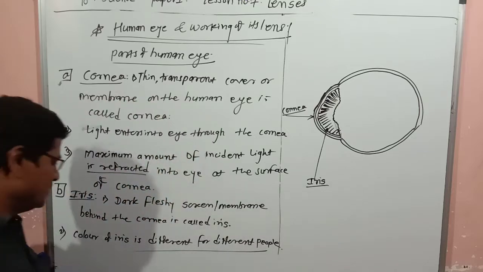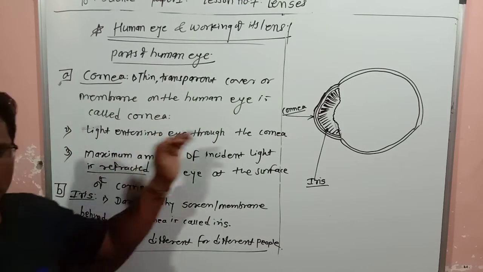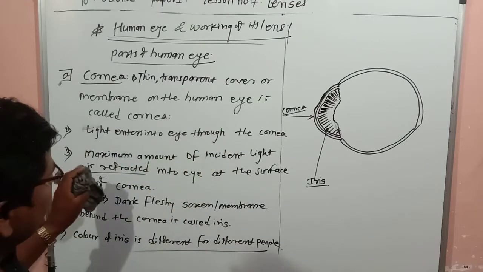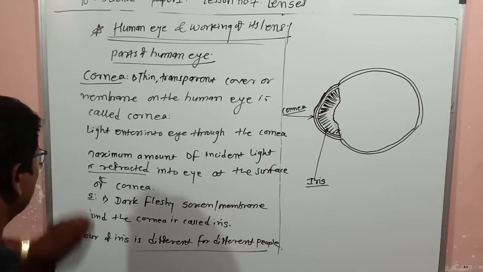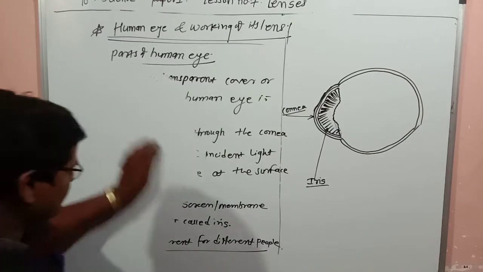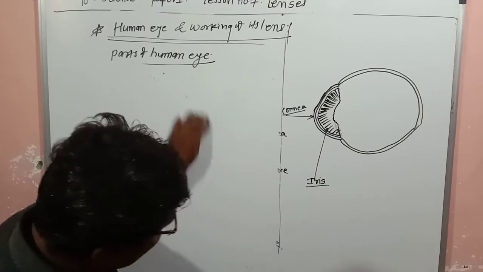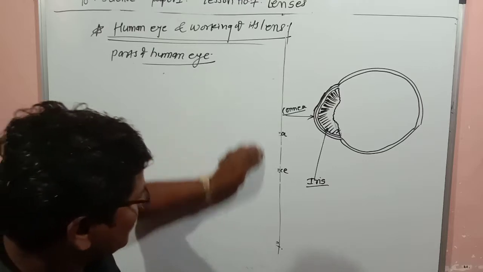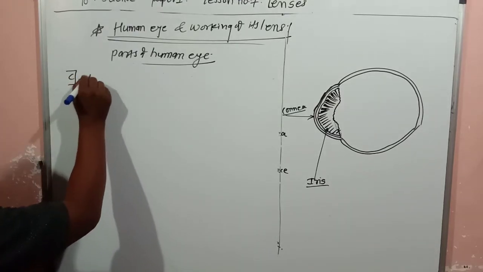After that, these two points you have to write. I will rub these two points. Now the next part is the pupil. Part C is pupil. So what is pupil? I will draw it immediately so you will understand.